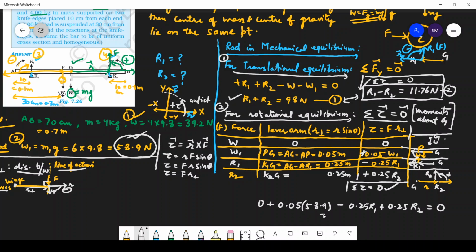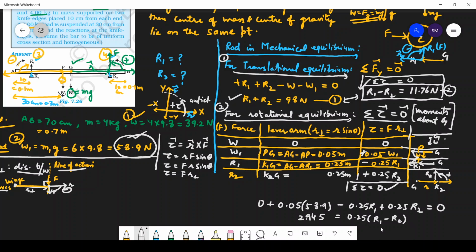9 5 the 45, 5 8 the 40 and 4 44. So 5 5 the 25, 29. So that's 2.945. And taking these two on that side, you will get 0.25 common, and this R1, the negative will become positive and positive will become negative.